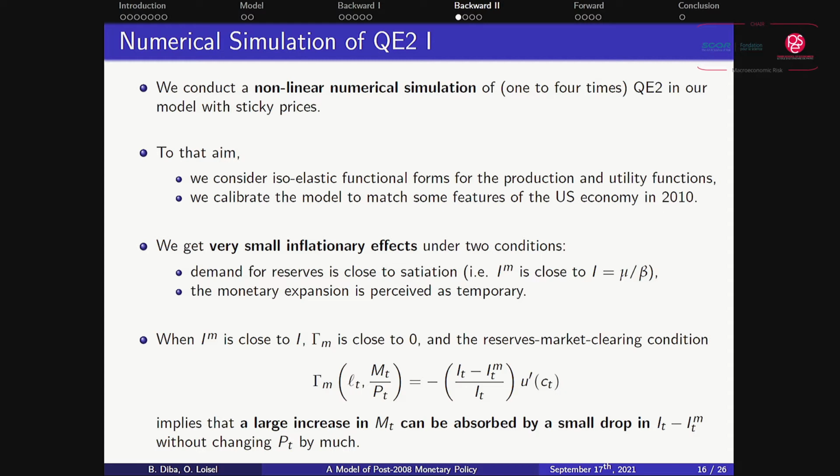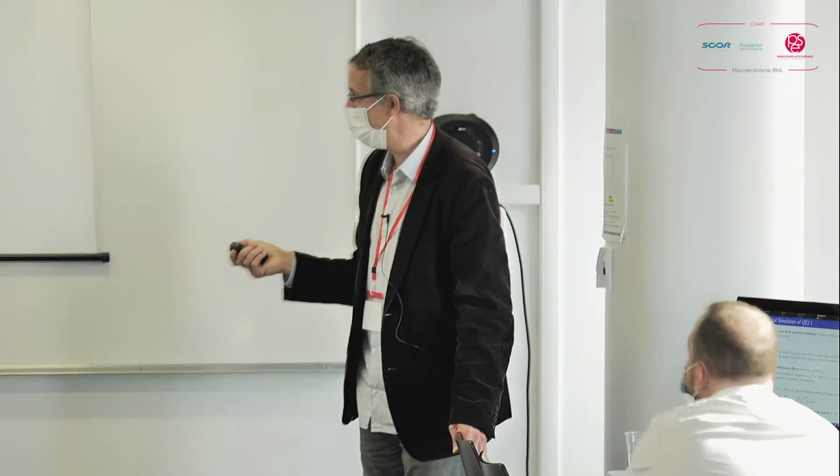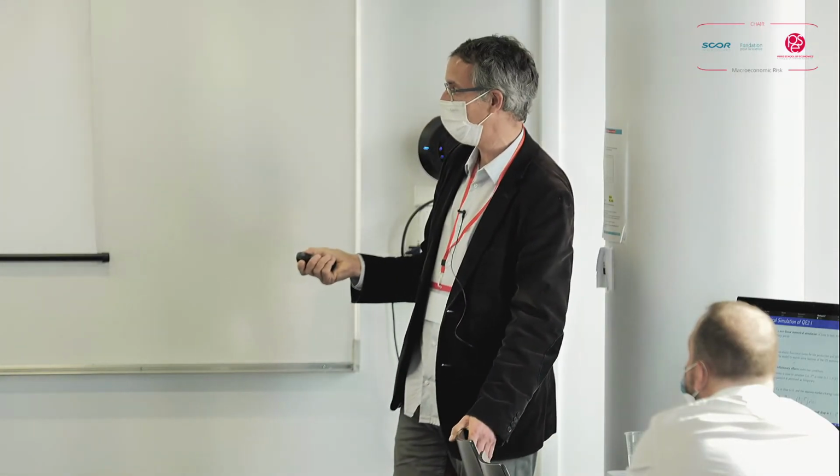And here, the fact that we need the demand for reserves to be close to satiation, well, when it is close to satiation, the marginal benefit of reserves is close to 0. The spread here between the interest rate on bonds and the interest rate on money is close to 0 as well.